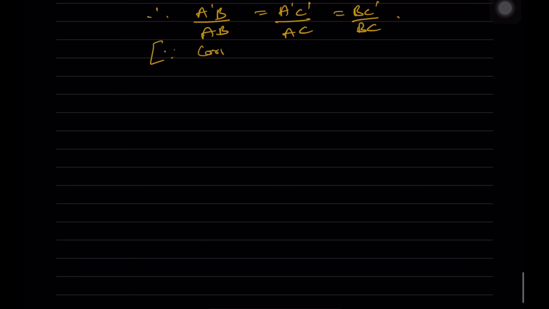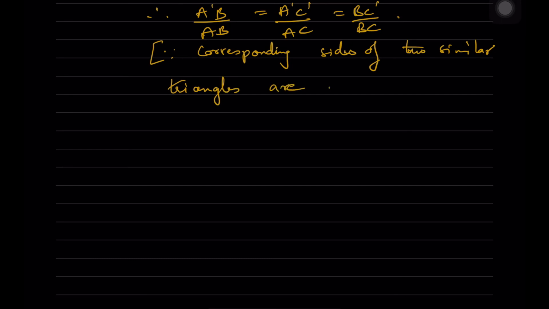Since corresponding sides of two similar triangles are proportional, we have B4C dash is parallel to B3C by construction.